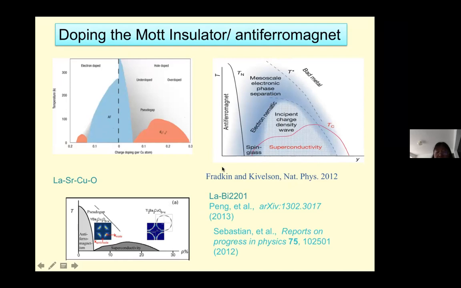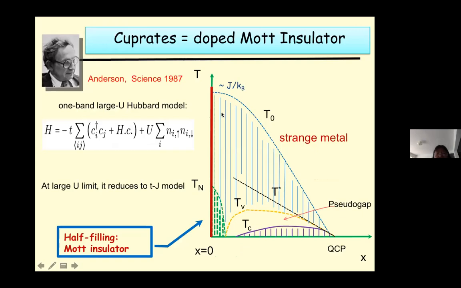So those indicate we have a very strongly interacting system, which gives us the antiferromagnetic ordered Mott Insulator at half filling. So Phil Anderson first proposed a theory for high TC cuprates as doped Mott Insulator, which becomes the starting point for a lot of theoretical and numerical studies.